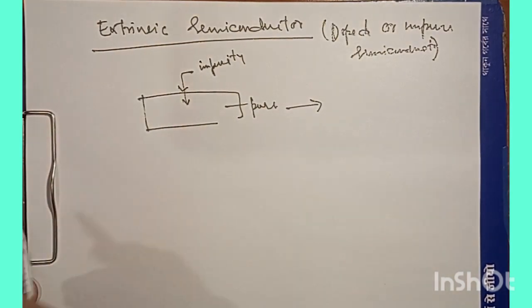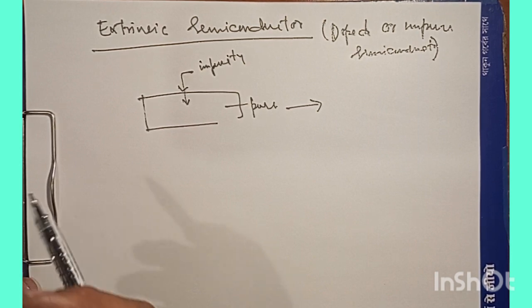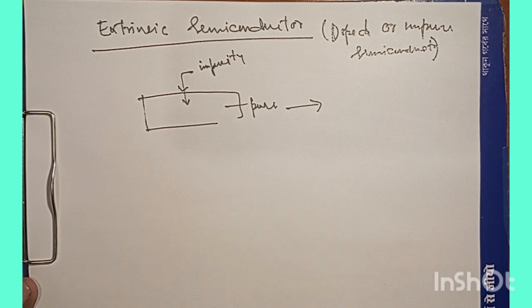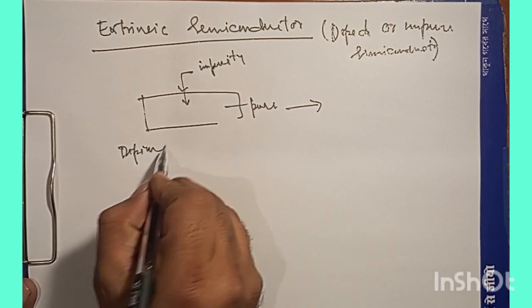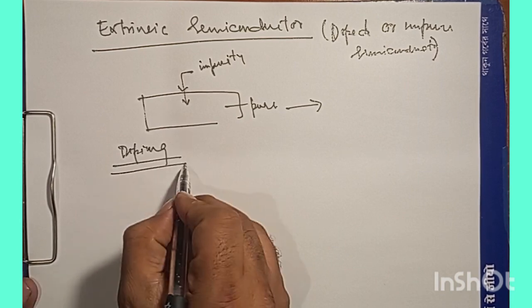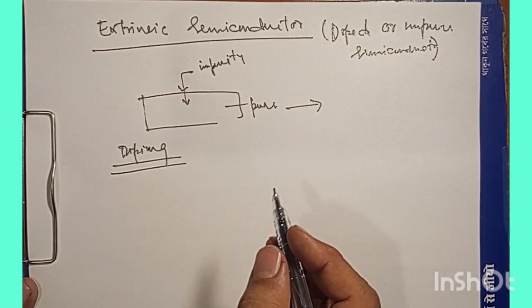This small amount of impurity that we add changes the conductivity pattern of these pure semiconductors, and this process of doping causes a change in the carrier concentration of these semiconductors. Now, there can be many ways by which this doping can be carried out.